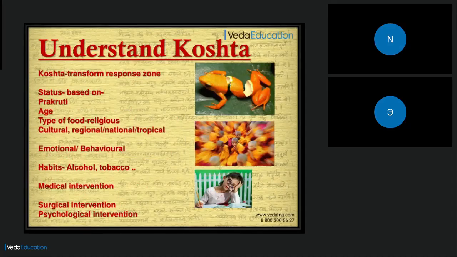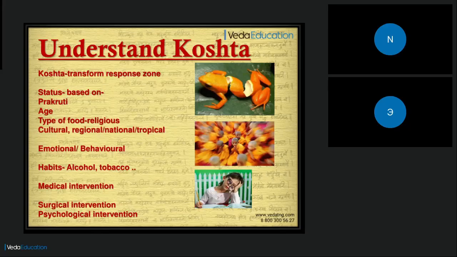Now in these transformed responses, there are many determinants which make the response good, bad, or poor. The prakriti of the patient may be different, age group, type of food, especially cultural, regional, national, tropical differences. There are so many changes in food that also influence the transform response.